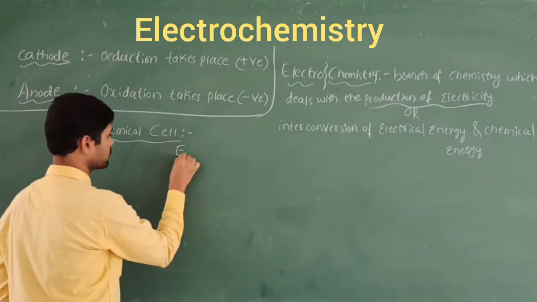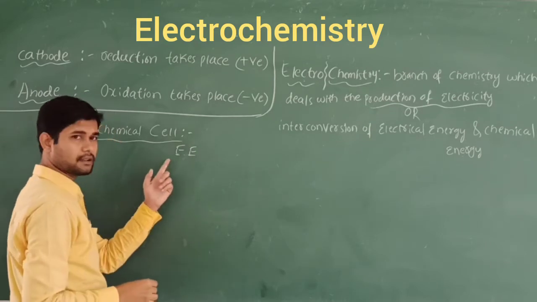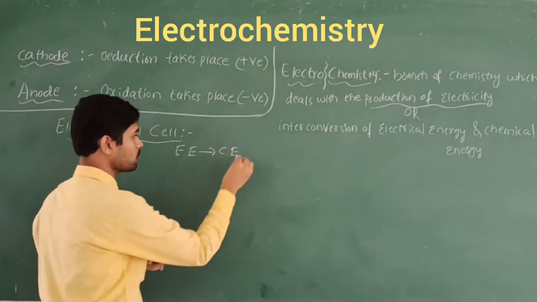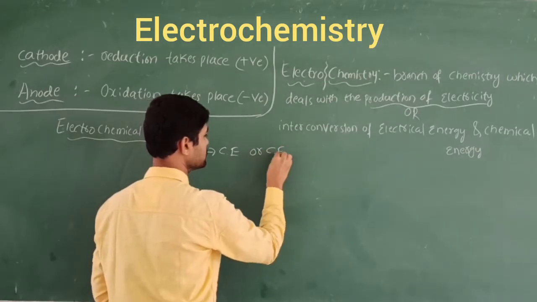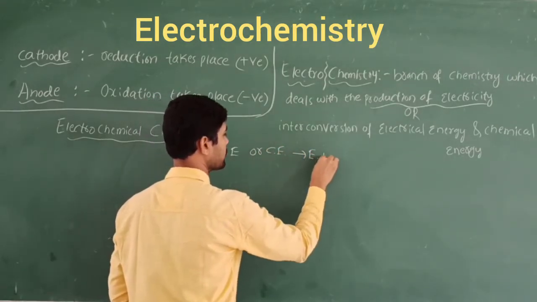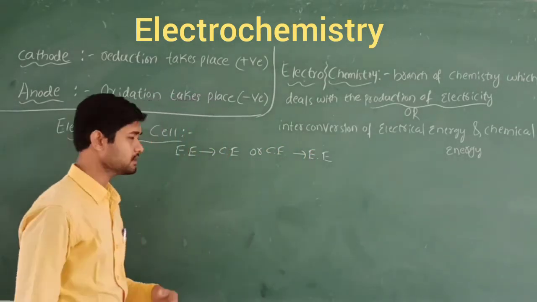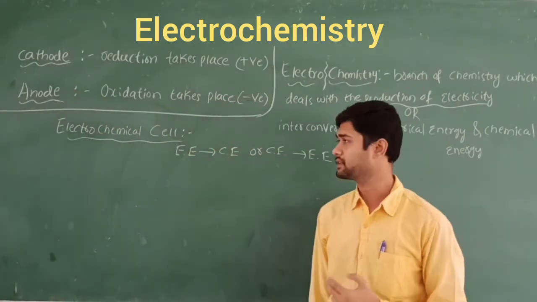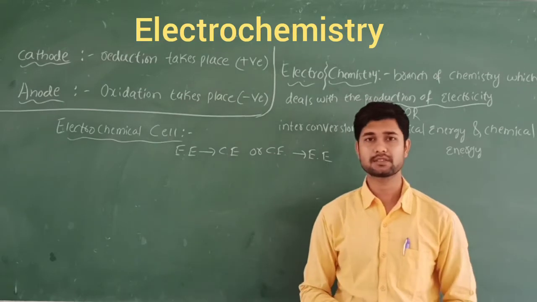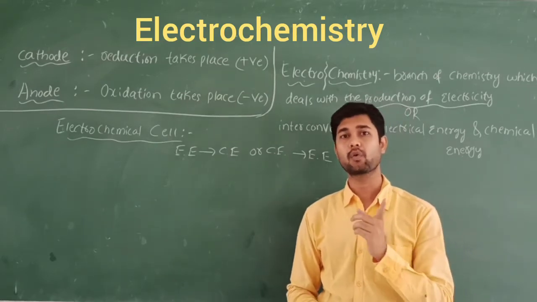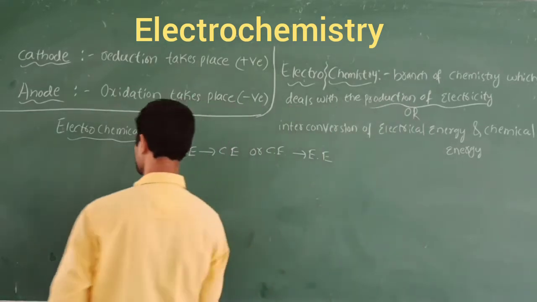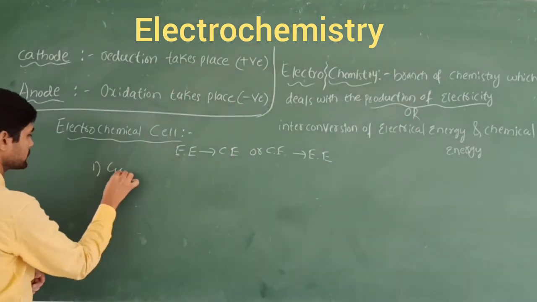It may take place either electrical energy into chemical energy or vice versa, chemical energy into electrical energy. That we are going to call the electrochemical cell. And here mainly two types will be there in the electrochemical cell: galvanic cell or voltaic cell, and one more is electrolytic cell.